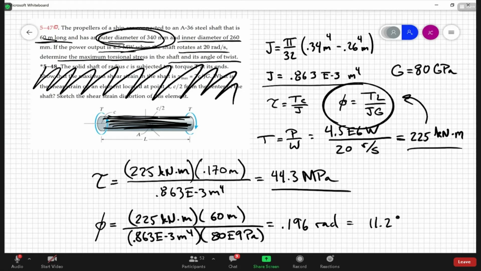So the way this is shown here, the torque is being applied counterclockwise looking down at the shaft. So this face here is going to rotate 11 degrees relative to that back face. Okay. All right.